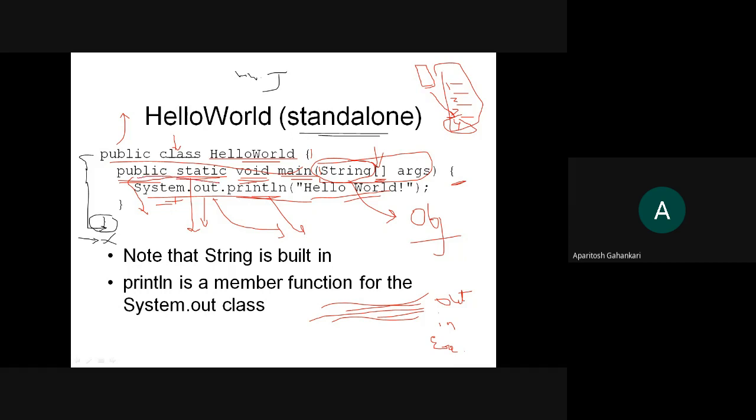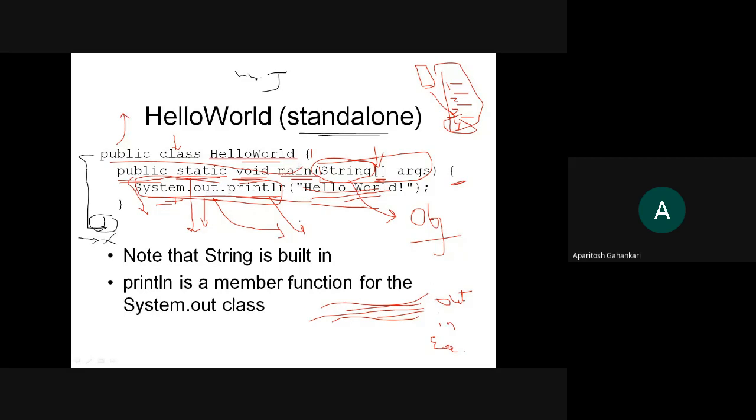You are just calling System.out.println and passing the message hello world, and that is how this method is going to print hello world as a message. So you can see that String is inbuilt and println is a member function of the System.out class.